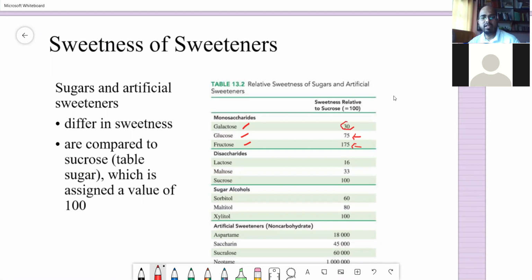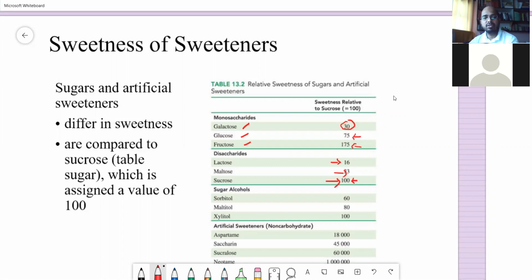So galactose is very less. Then the sweetness of lactose is very, very less. Then maltose is like that. Sucrose is 100, so sucrose is taken as standard. If you take the standard as 100, glucose comes below that, and fructose goes beyond that.